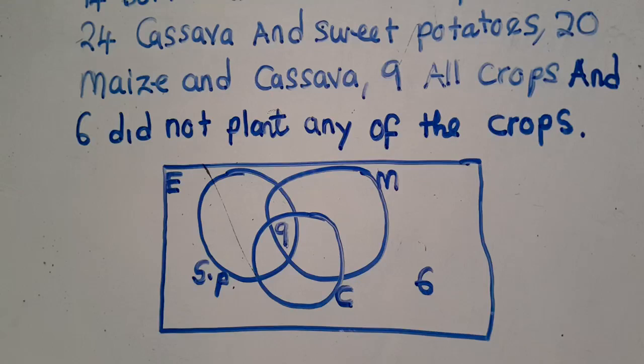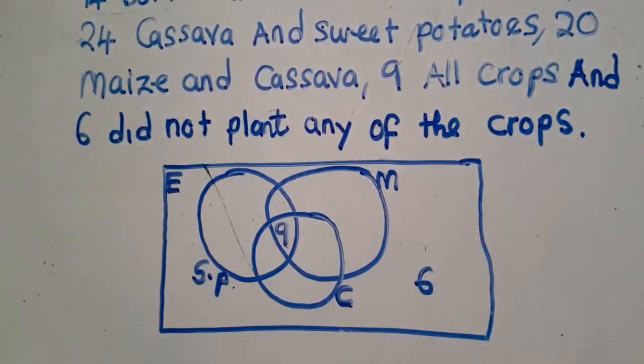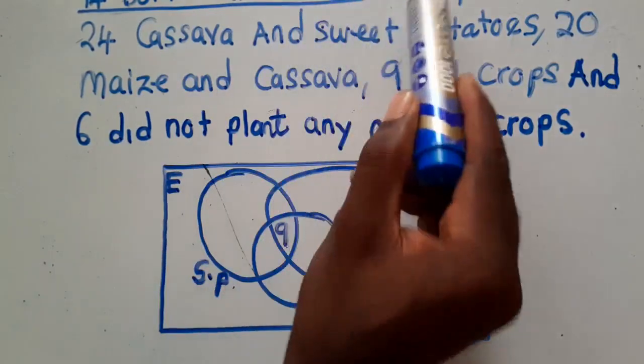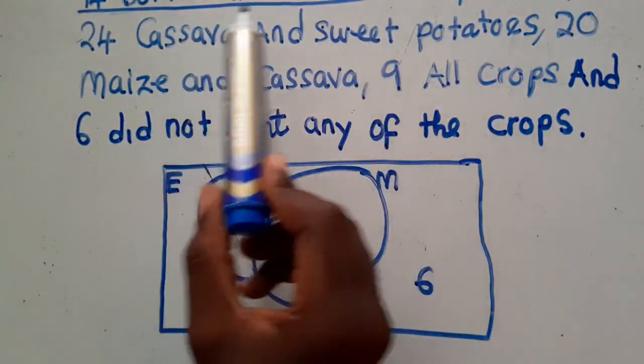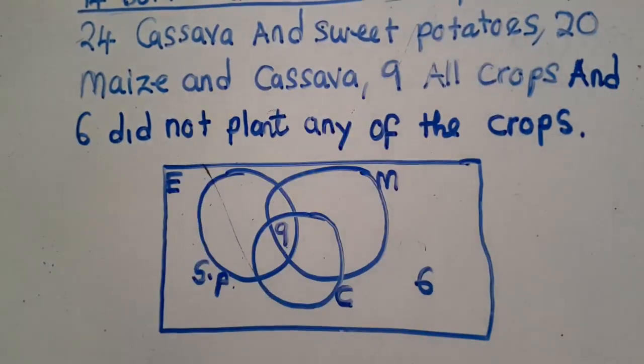So how many planted 2 different crops? We have 14 there, showing that 14 planted maize and sweet potatoes. This is the statement there.